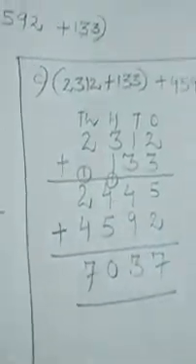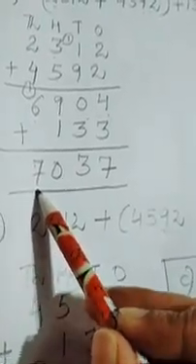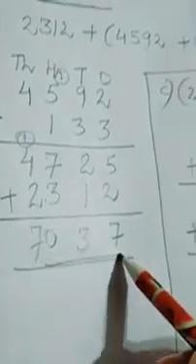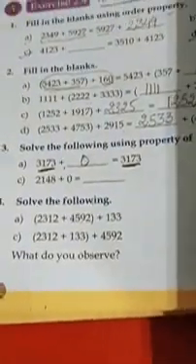Here we have added the same numbers but according to different orders, different groups. And here in the first sum, first part you can see 7037, second 7037, third case 7037. Then here we have to write our observation. What is the observation?